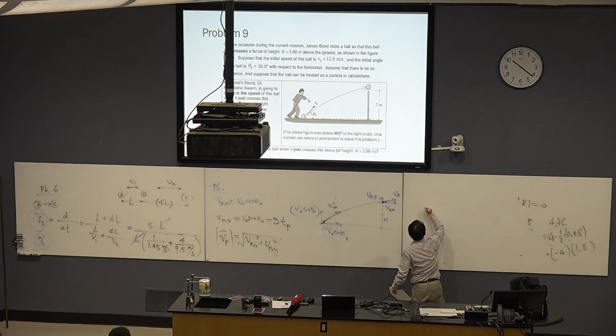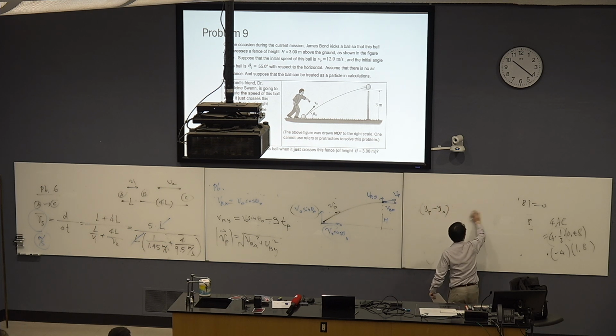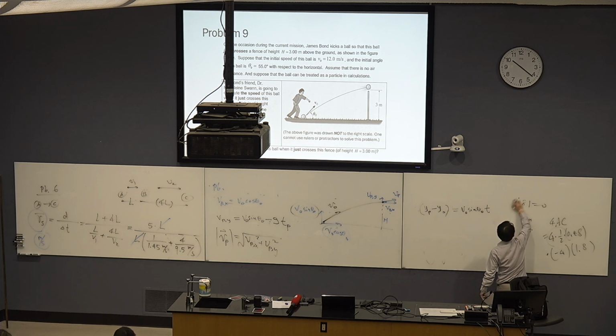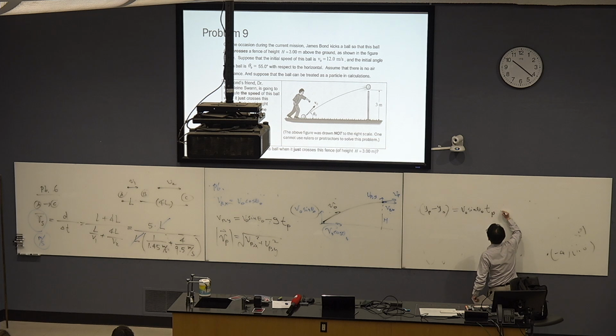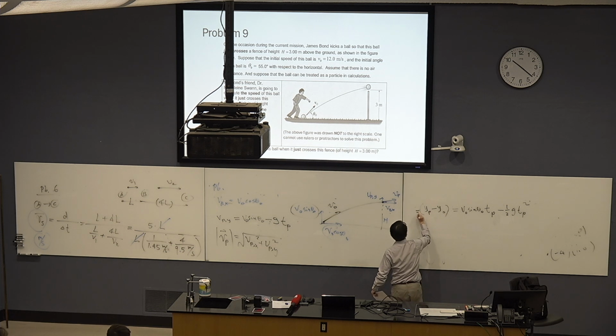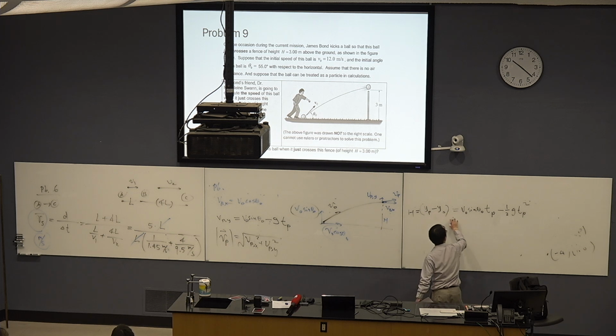You have y final, so let's say yp minus y naught equals V naught sine theta naught times TP, minus 1/2 g TP squared. And yp minus y naught is just the H.